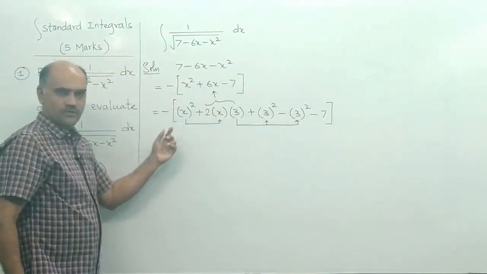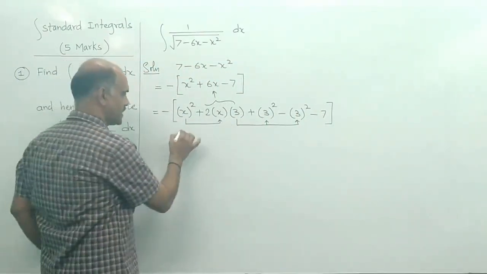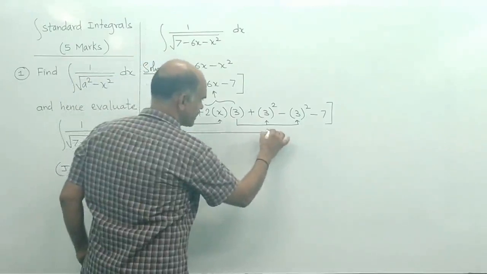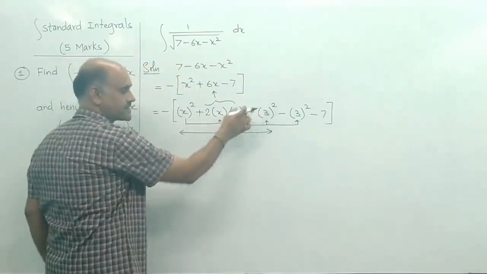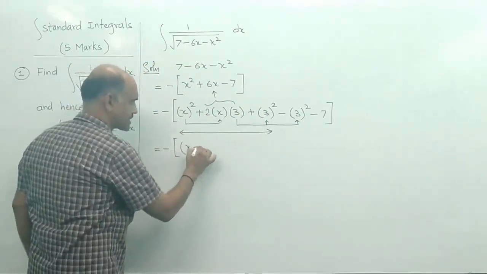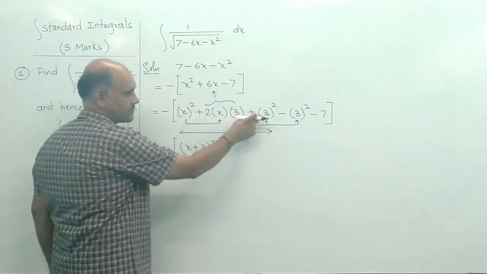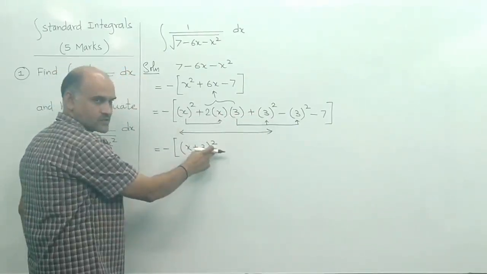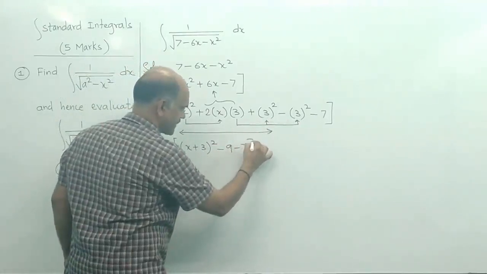Now if you take the first 3 terms, it is in the form of a square plus 2ab plus b square, that is a plus b whole square, x plus 3 whole square. This is minus 9 minus 7.